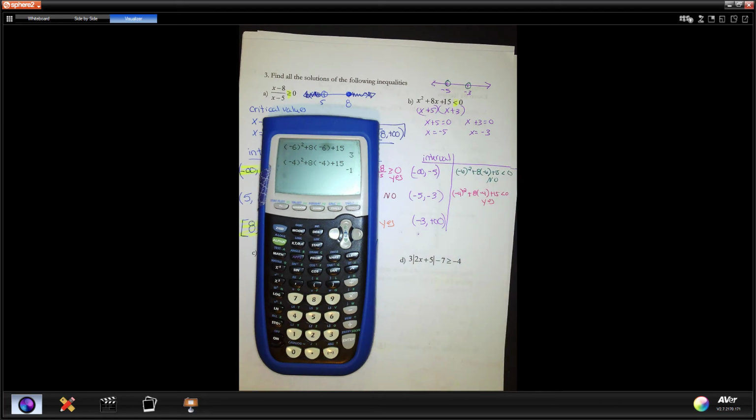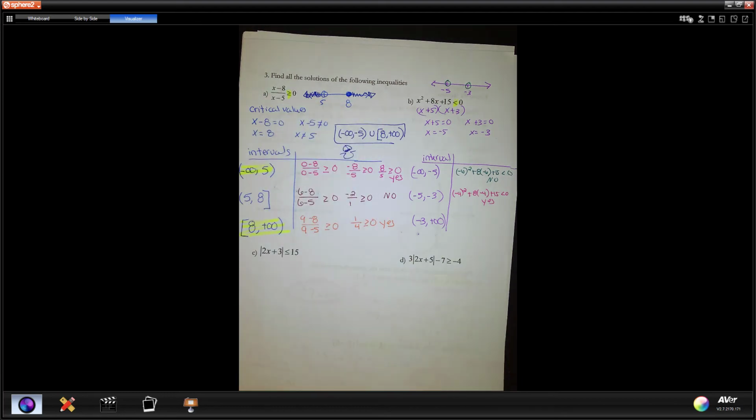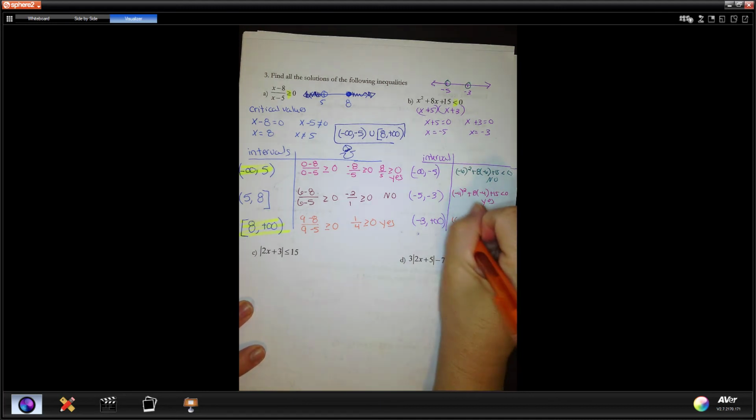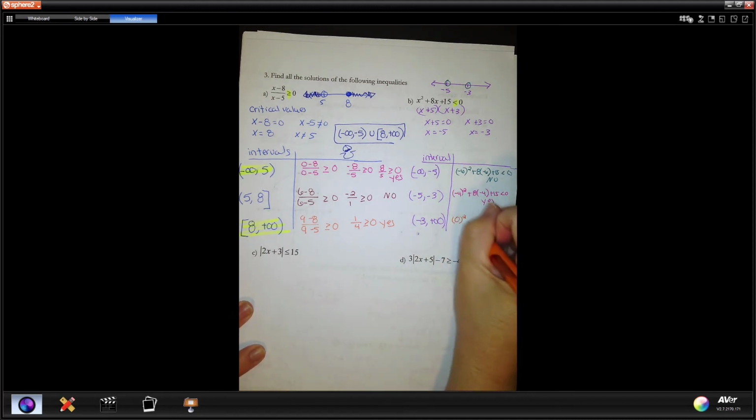Yes. And then last but not least, a number between -3 and positive infinity. I'm going to go ahead and pick my favorite number, 0. So is 0 squared plus 8 times 0 plus 15 less than 0? And we would find out that's going to be no, because that ends up being 15.